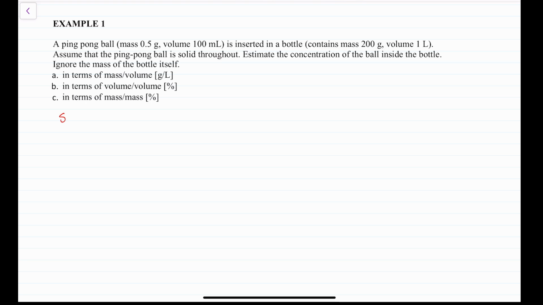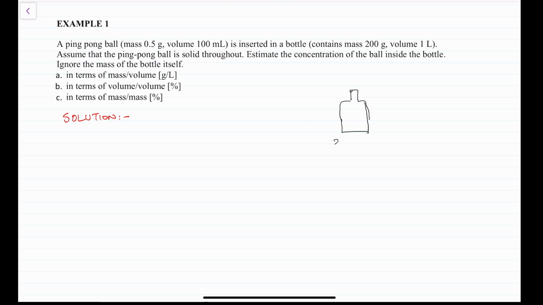So if we solve this, a ping pong ball has a certain mass and a certain volume, and is inserted in a bottle, and that bottle has a certain mass and a certain volume. Let's say this is our bottle, and this bottle is about 200 gram. Maybe there is some water in it, let's just assume that.